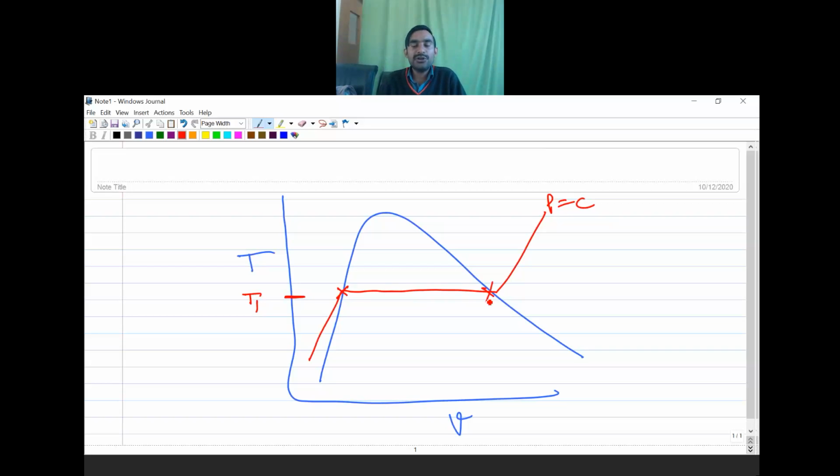So if you are given only a single value of either temperature or pressure, and it is told that you have a saturated state, it clearly means that for the same value of the property we may have a situation of saturated liquid, saturated vapor, or a mixture of liquid and vapor.